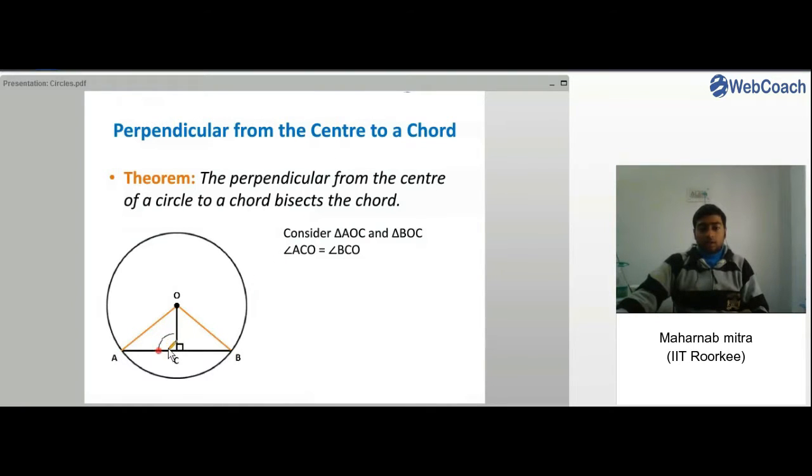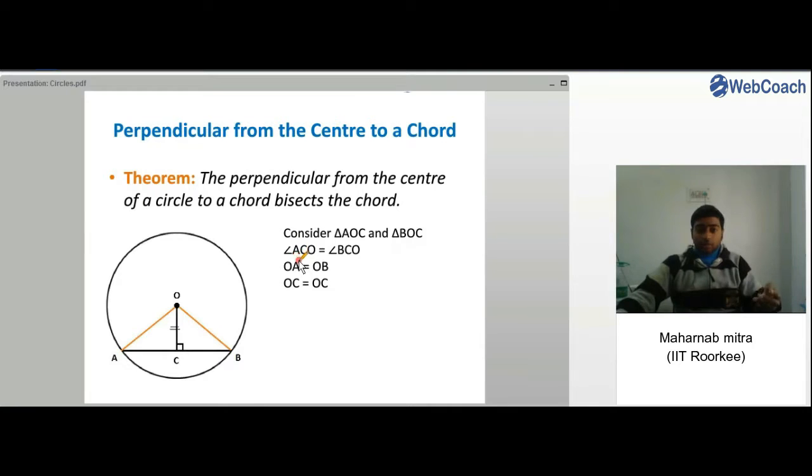Angle ACO is equal to angle BCO, because both of them are 90 degrees. OA is equal to OB because the lengths are the same as the radius of the circle. And OC equals OC, which is common to both of them.